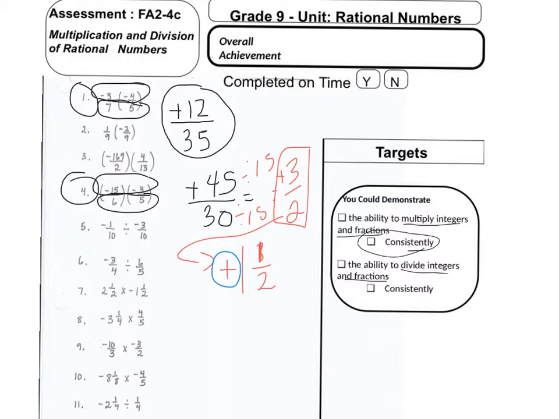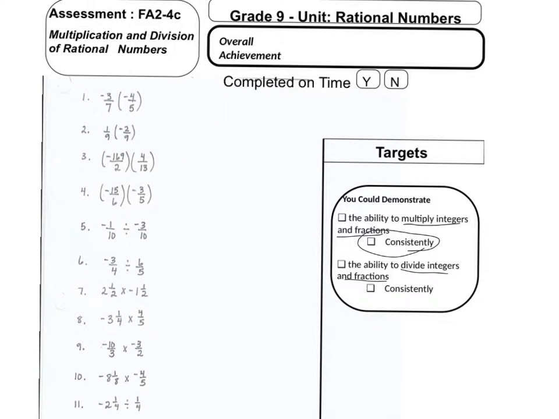Now we'll go into some division numbers. I'm going to clear this first. Okay, division. We get negative 3 over 4 divided by 6 over 5. The rules for division say we convert this to a multiplication.